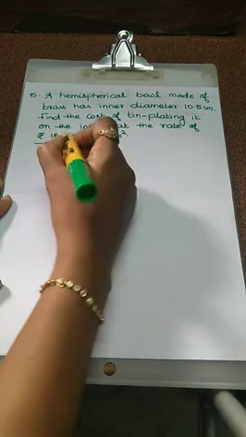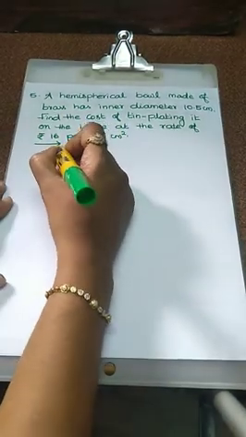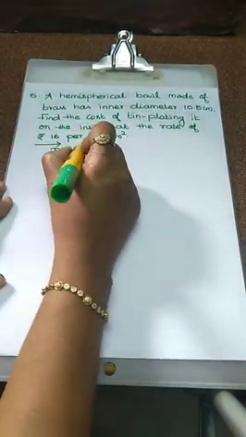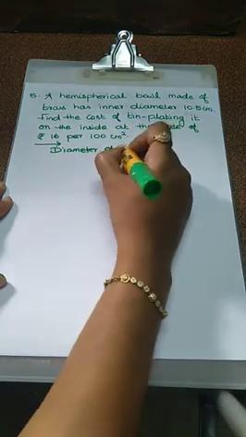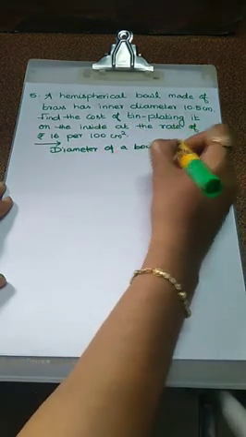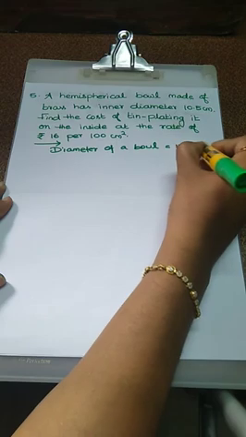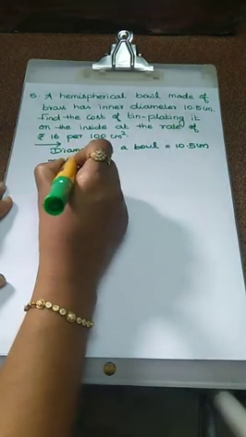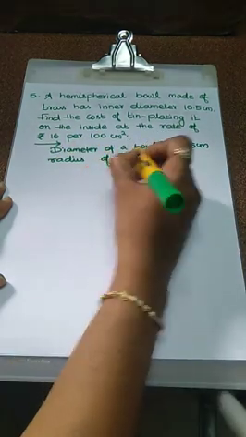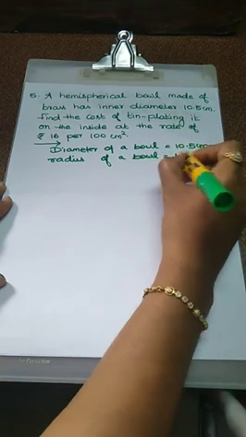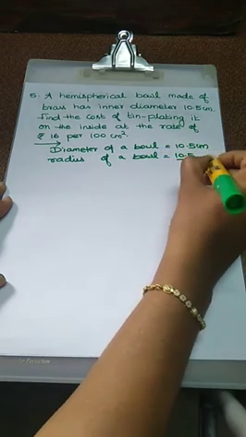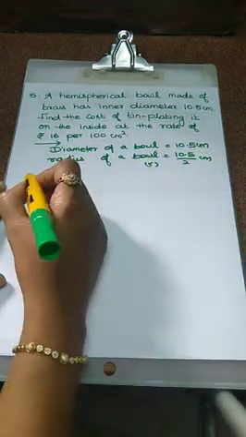Okay, first write the given diameter of the bowl, that is 10.5 centimeter. So directly we take the radius of the bowl, 10.5 by 2 centimeter. This is our R value.